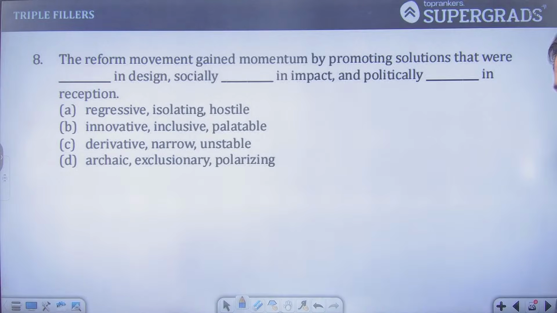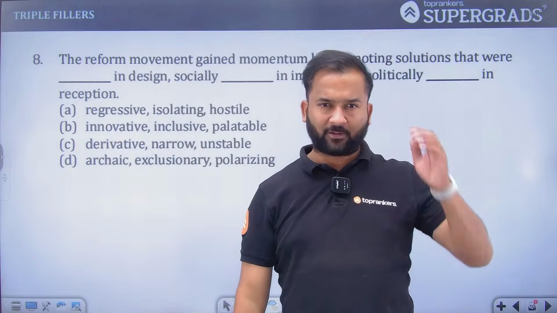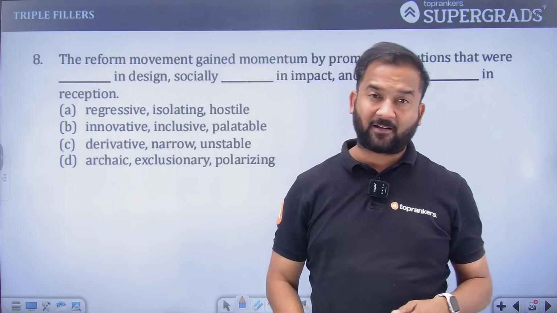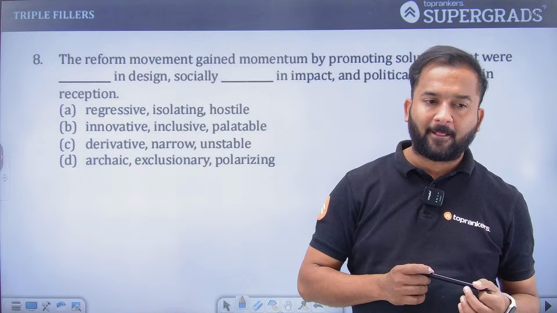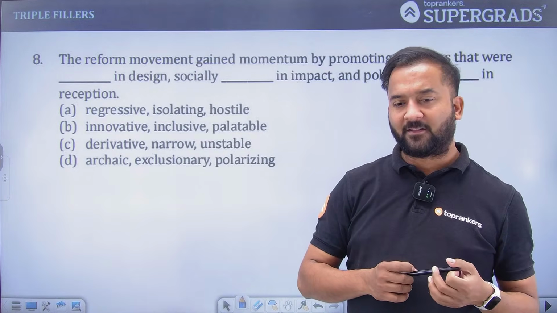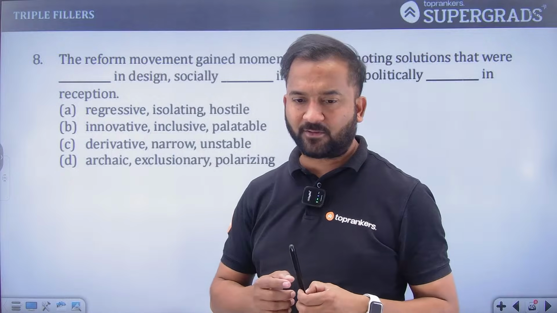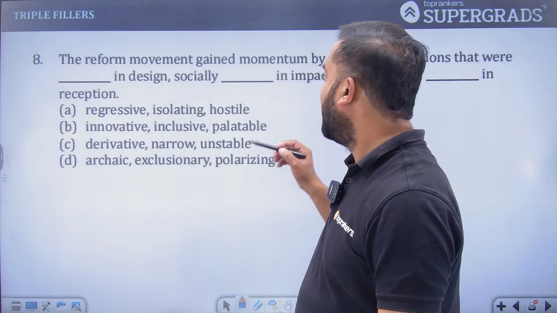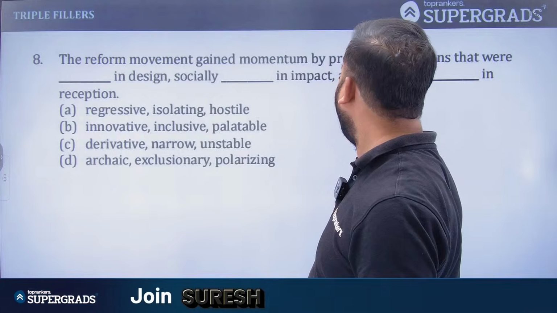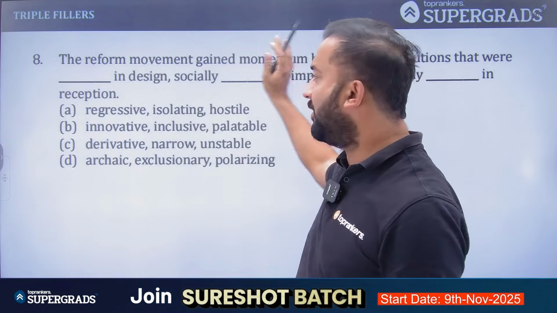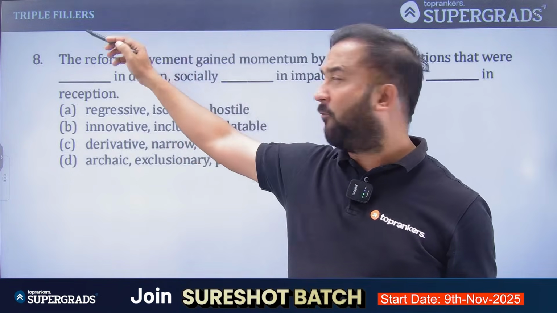What do you think, what should we do in question number 8? So Shivain has answered and he believes that B must be correct. Let's see what the reason could be. Manthan has also answered. The reform movement gained momentum by promoting solutions that were dash.